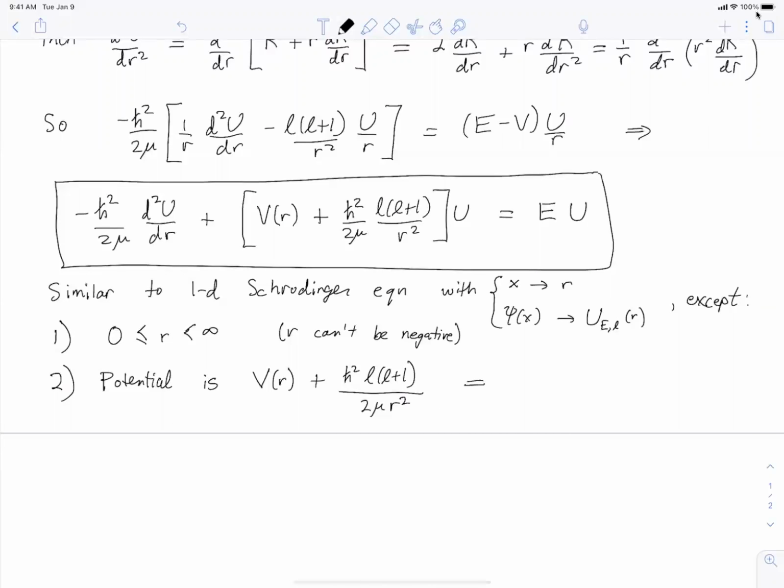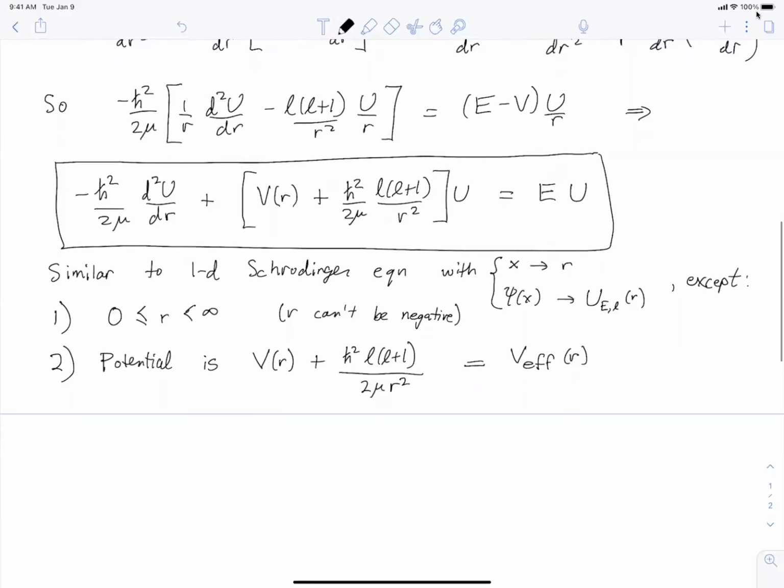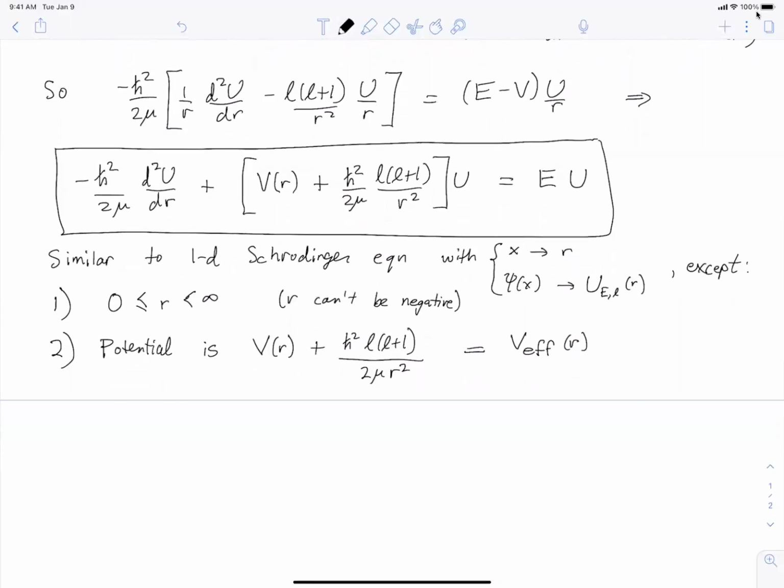This combination is called the effective potential. If you've taken a classical mechanics class on central force motion, you'll recognize that it's really the same thing. It's just that instead of L squared, the classical number, we've replaced it by h bar squared L times L plus 1, which is a quantum mechanical eigenvalue.